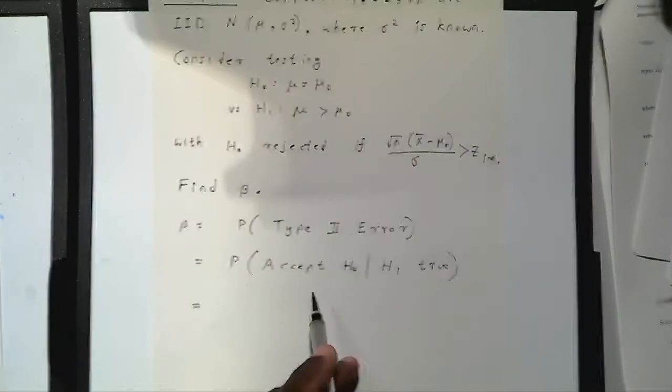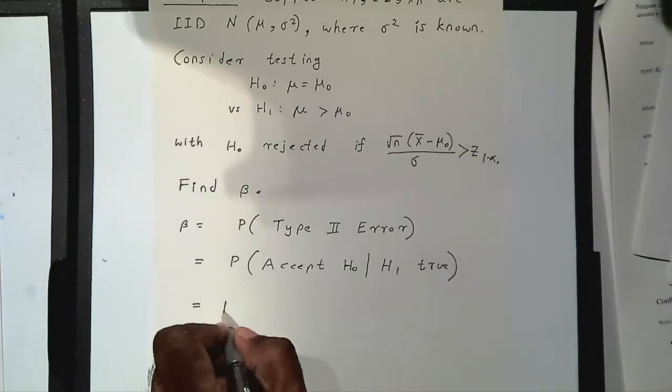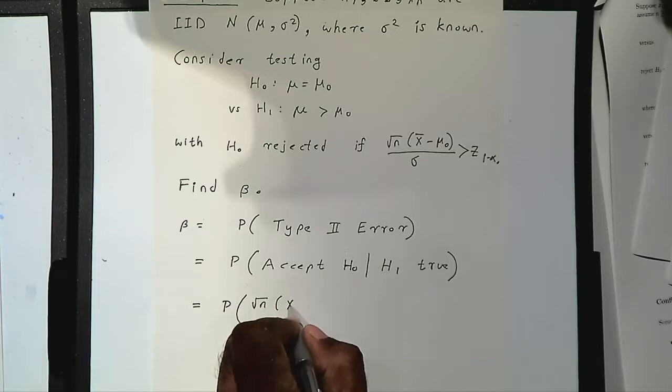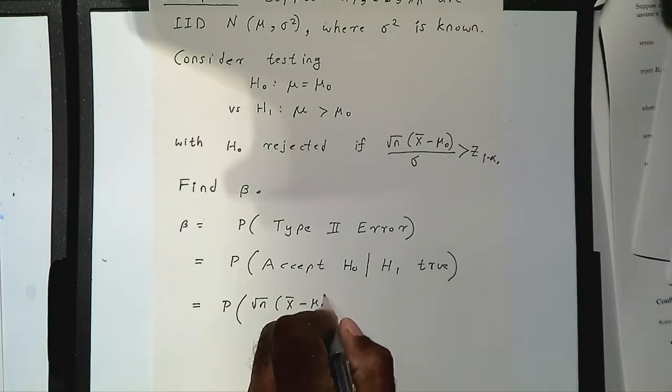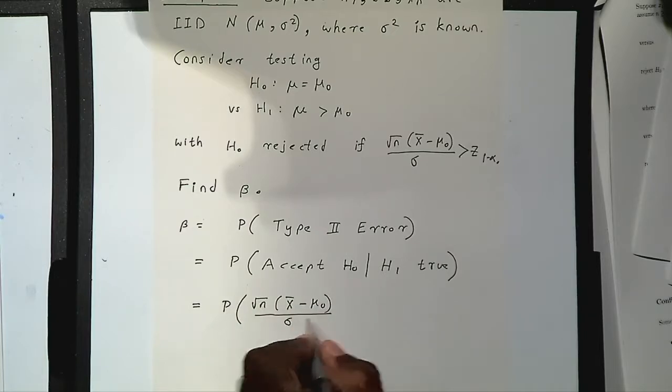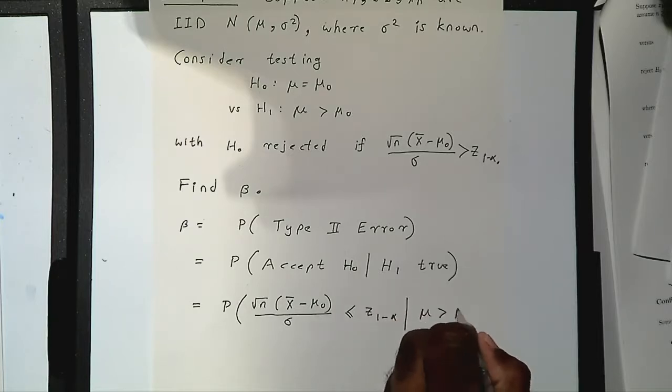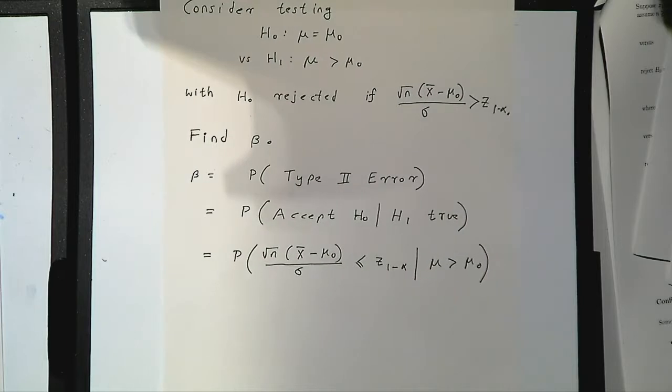So you will accept the null hypothesis if the probability of root n times x bar minus mu 0 divided by sigma is less than or equal to... yeah.